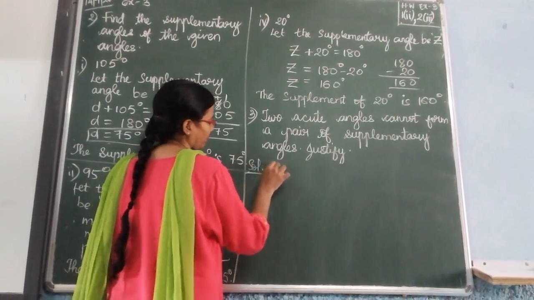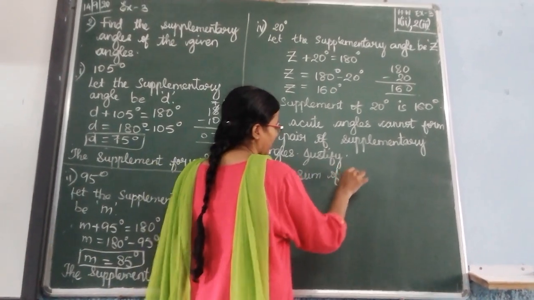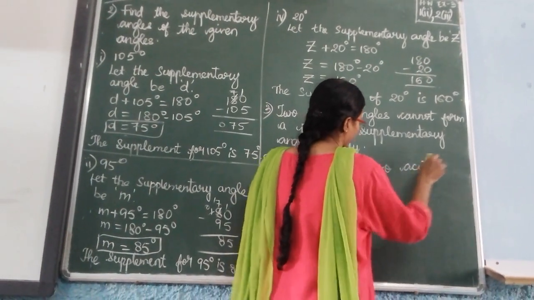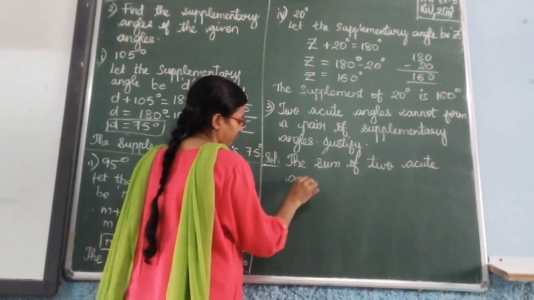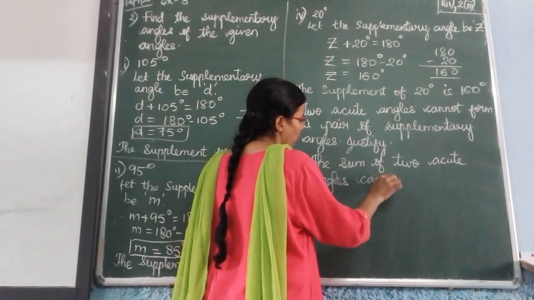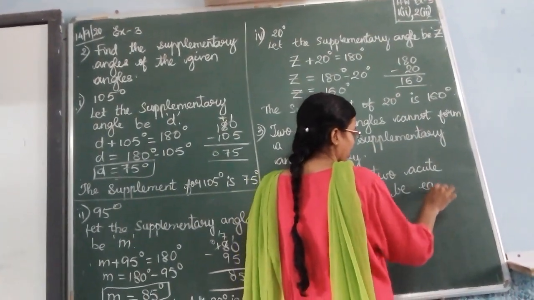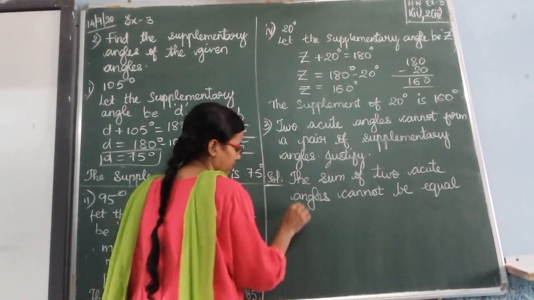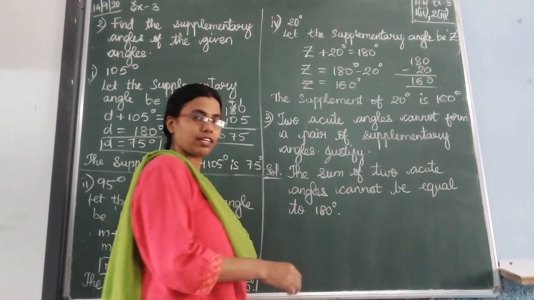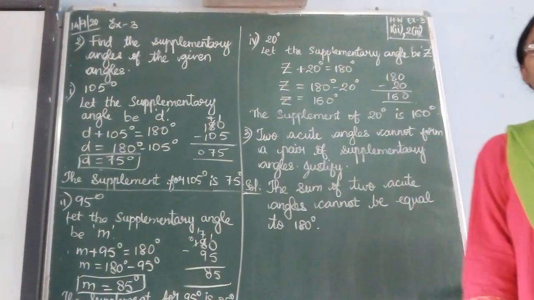Solution: the sum of two acute angles cannot be equal to 180 degrees. Copy this. There's one problem left. We are going to do that.